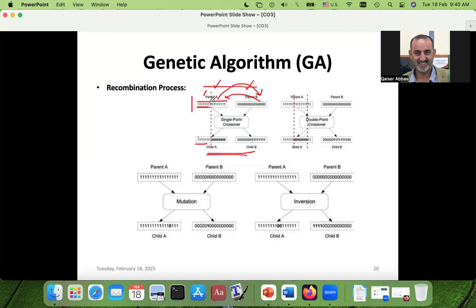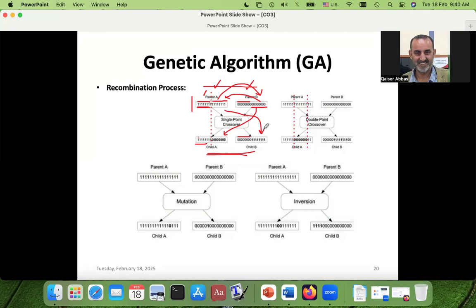But for the position of this cut, maybe after the 7th bit, the remaining portion you move here. And similarly, these 7 bits stay as they are, and then you move this portion here.